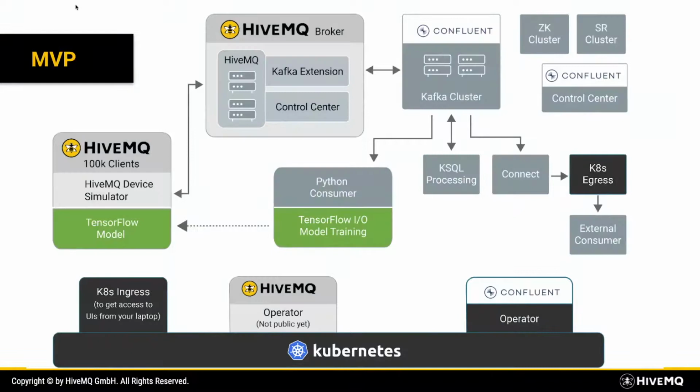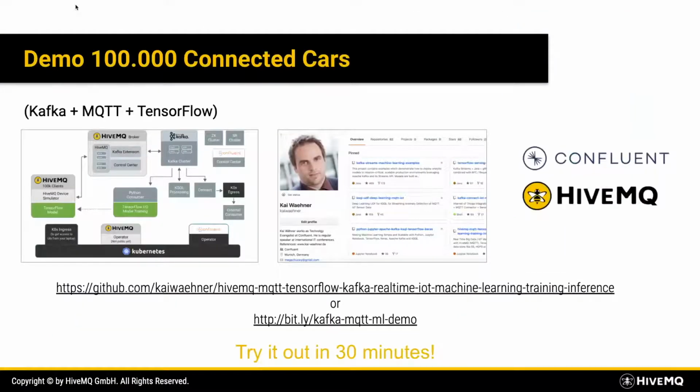Now, I mentioned we built this together with our colleagues from Confluent, specifically Kai Waehner, and for this part I want to put a huge shout out to Kai, who initially built this demo with us together and is kind enough to even host this exact demo on his GitHub profile.